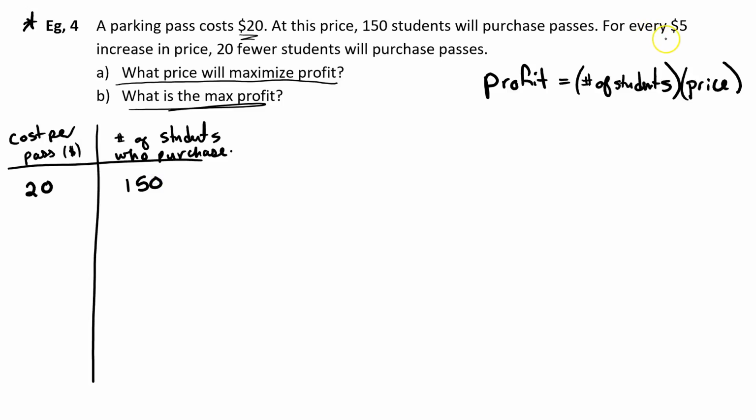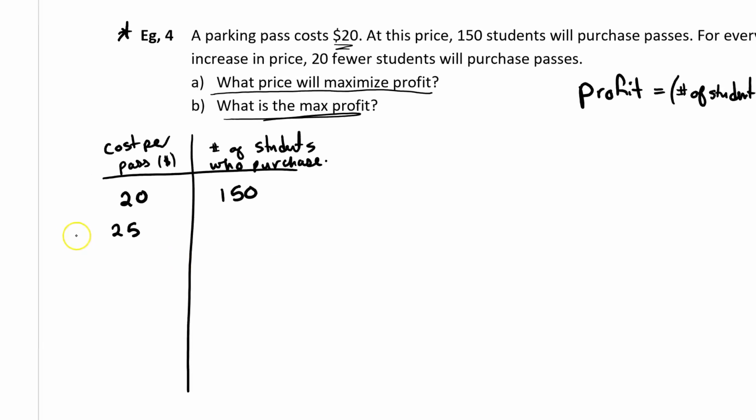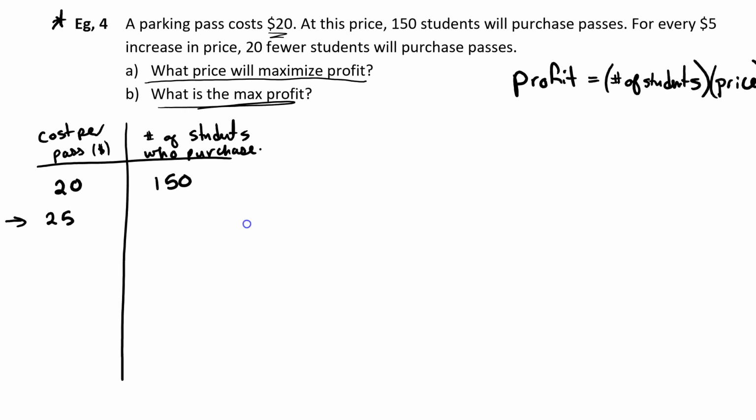But for every increase in price, so for 25, or another way that we could think about this is 20 plus 5x, where x is just 1, 5 times 1, we would say that the number of students goes down by 20. So this is going to be 130.